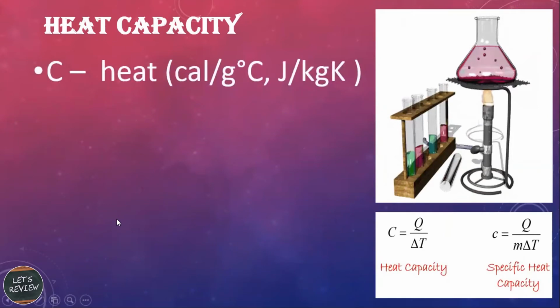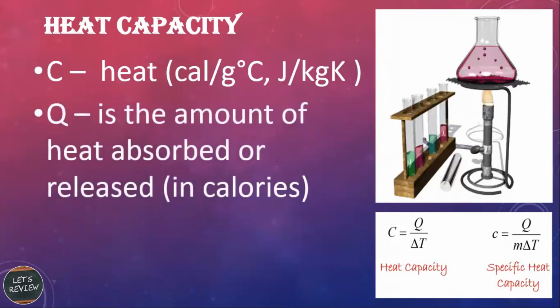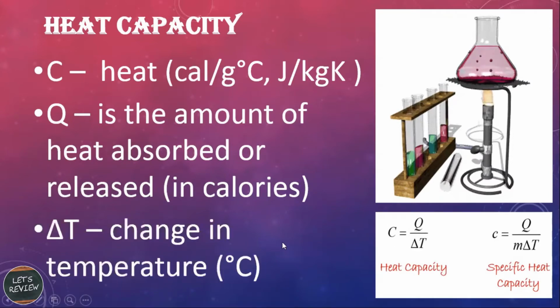C refers to the heat capacity and the unit is calories per gram degree Celsius or joule per kilogram Kelvin. Q represents the amount of heat absorbed or released in calories. And this one is the change in temperature in degrees Celsius.